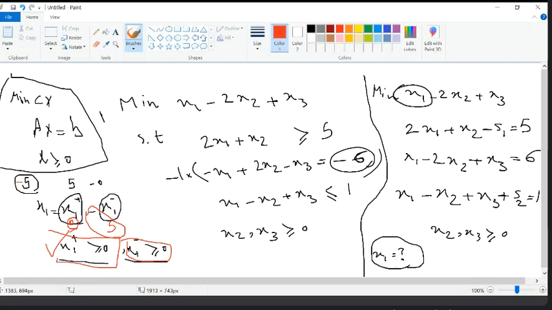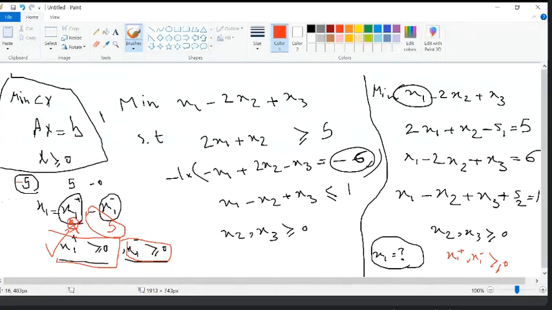If x1 changes to x1 plus and x1 minus, both greater than or equal to 0, then if x1 is a negative value, x1 plus is 0 and x1 minus is a positive value.